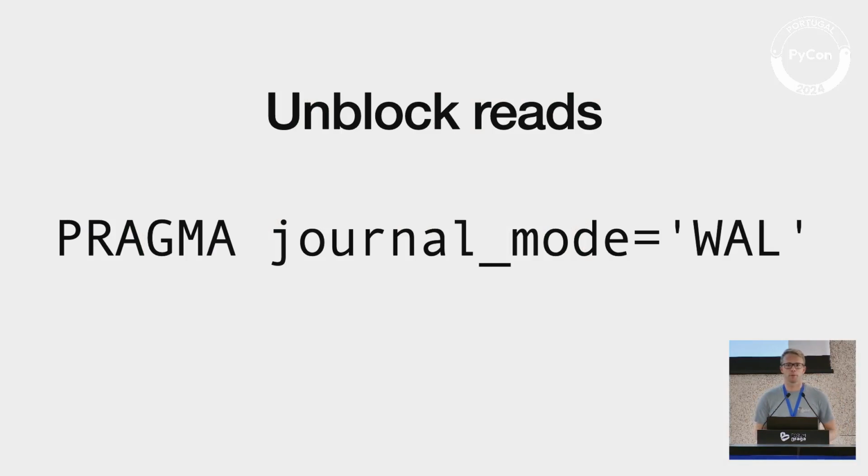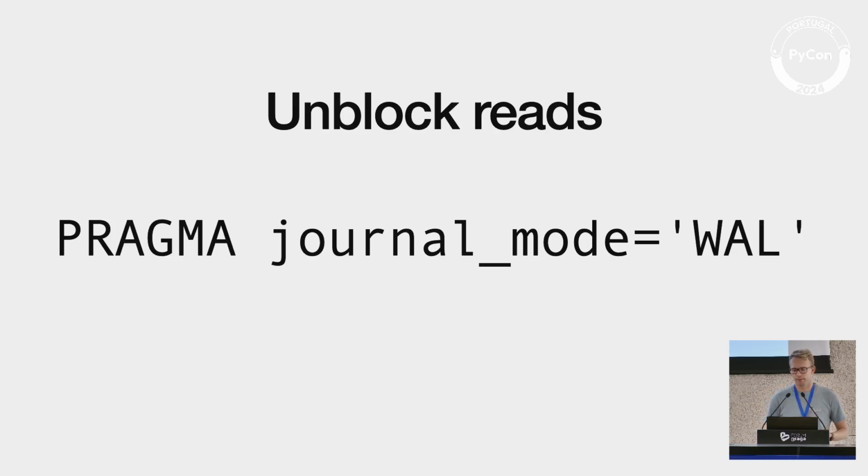Now there is a way for you to improve this. You can unblock reads when writes are happening by enabling the write ahead log. So you run this pragma command, and then every write that comes in doesn't get saved into the main database file, but instead there's a journal file that gets created, and writes start writing into that.